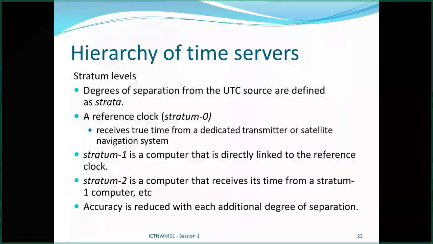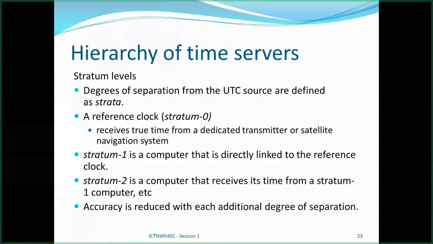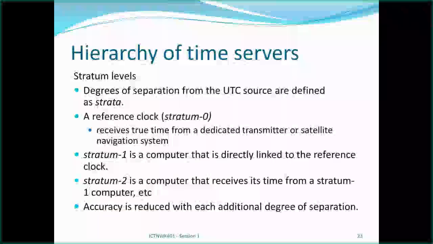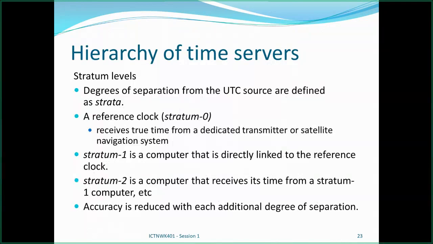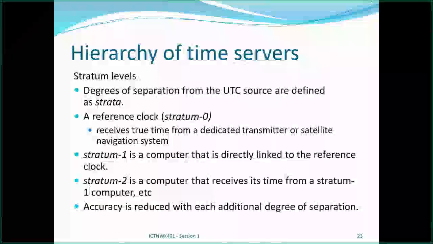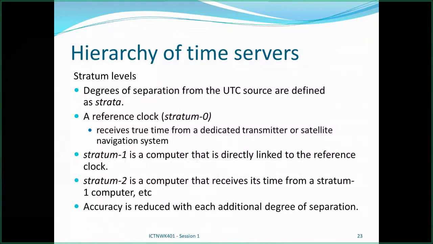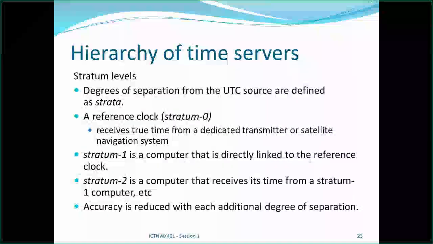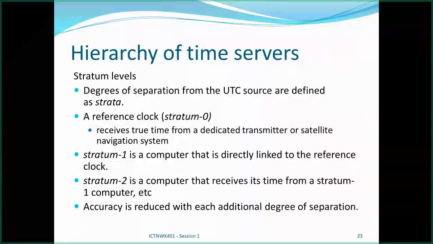Now, how the time servers work is there's basically a tree of servers, and these are called stratum levels. As you come down from the source, it changes the stratum level. So a stratum 0 receives the time from a dedicated transmitter or satellite navigation system.